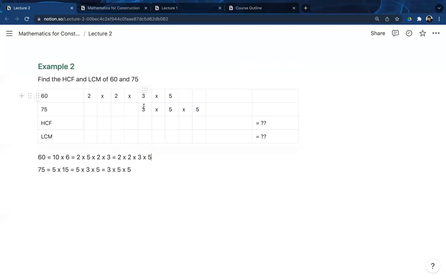So this 3, the first 3 in 75 could go under this 3. The first 5 could go under this 5. Now we use up 3s and 5s. So if we have an extra 5, it has to be by itself. So we try to combine the columns into one, okay? So the HCF would be the things that were highlighted in common, okay?